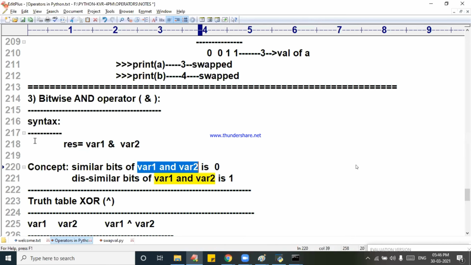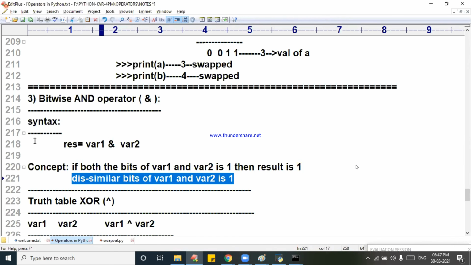I will write the concept: if both the bits of VAR1 and VAR2 are one, then the result is one.